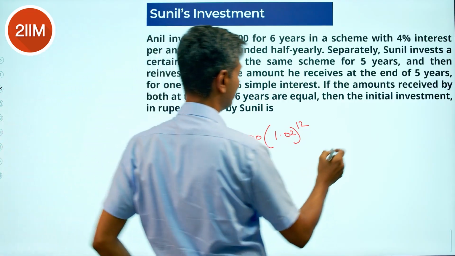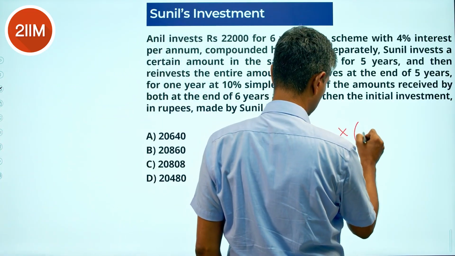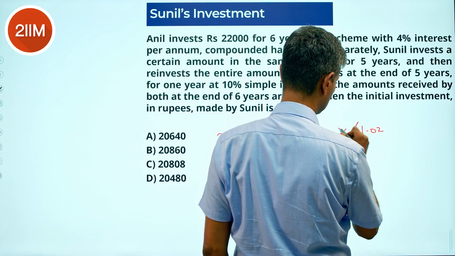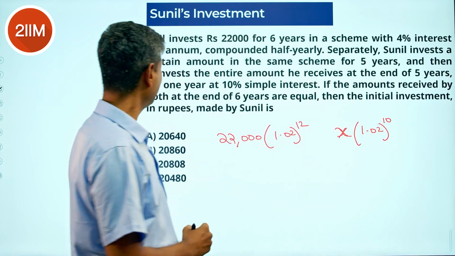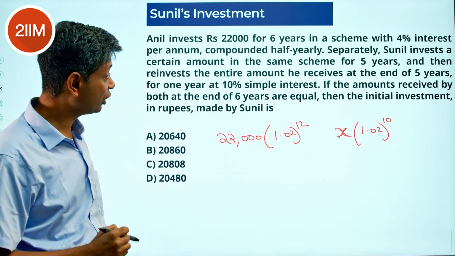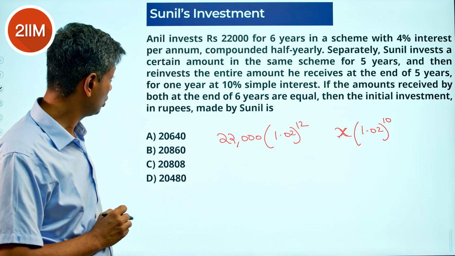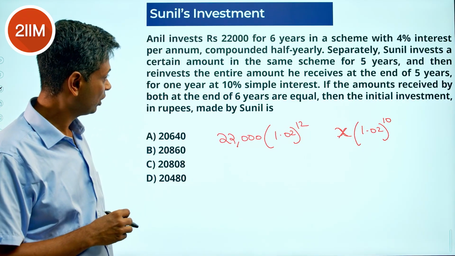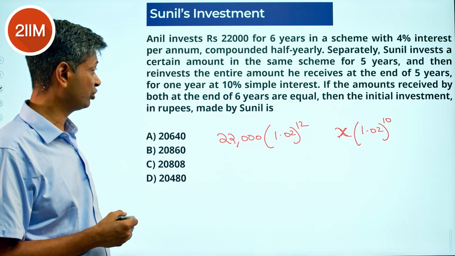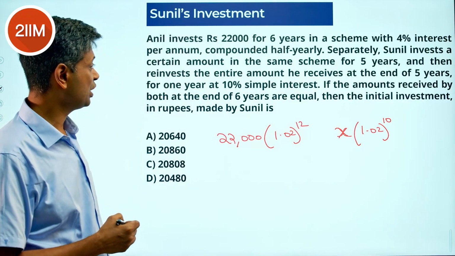So Sunil invests some x into 1.02 power 10 and then invests the entire amount he receives at the end of 5 years for 1 year at 10% simple interest. The amounts received by both at the end of 6 years are equal.